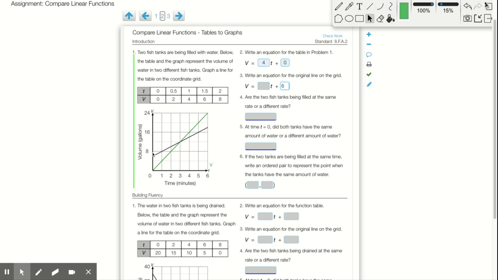So you go up 2 over 1. Here is 2. And here's 1. So 2 over 1 is 2.